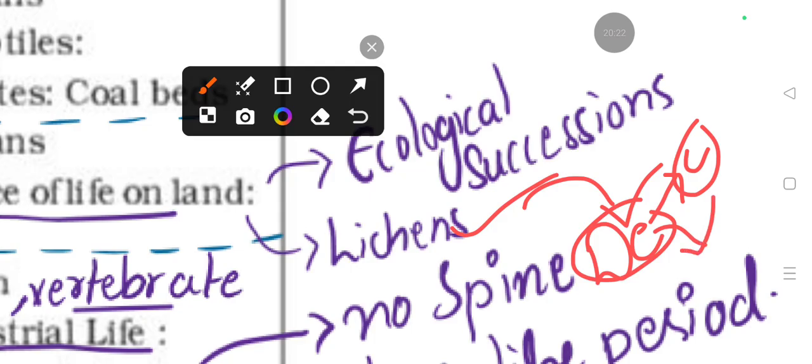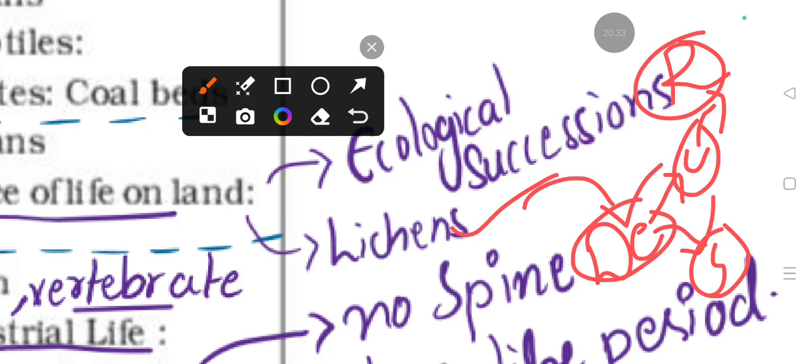The decomposition results in the formation of soil, and the chemicals released lead to the breakdown of rocks on the surface of the earth. This led to the formation of soil.